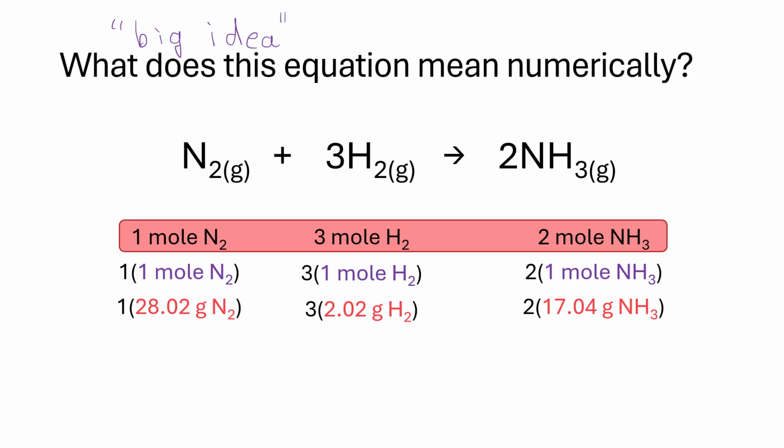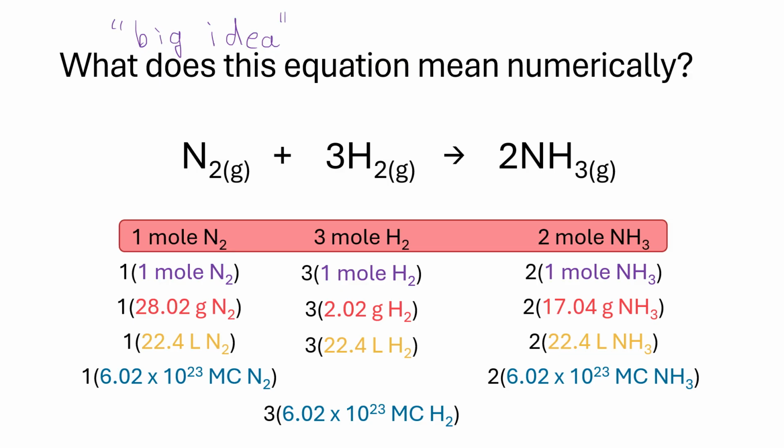The next substitution I'm going to do is to substitute the molar volume of a gas, 22.4 liters. And the final substitution I'm going to do is to substitute in Avogadro's number of representative particles. Since these are all covalently bonded compounds, the representative particle is a molecule for all of these, and MC is my weird personal abbreviation for molecule.